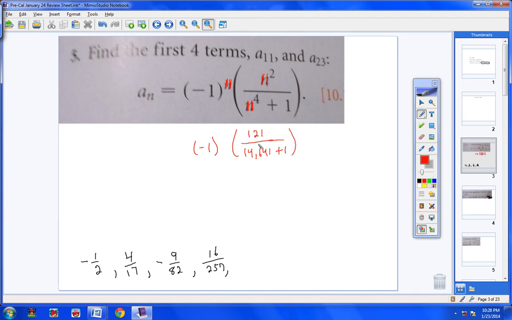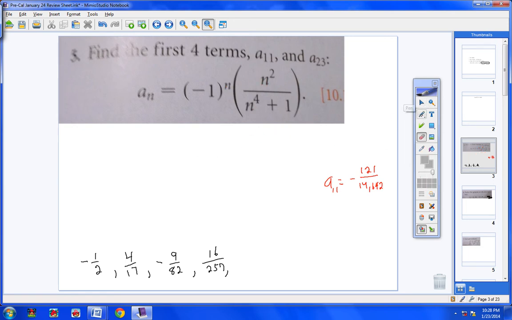So I would have 121 over 14,642 times negative 1. So the 11th term would be negative 121 over 14,642.